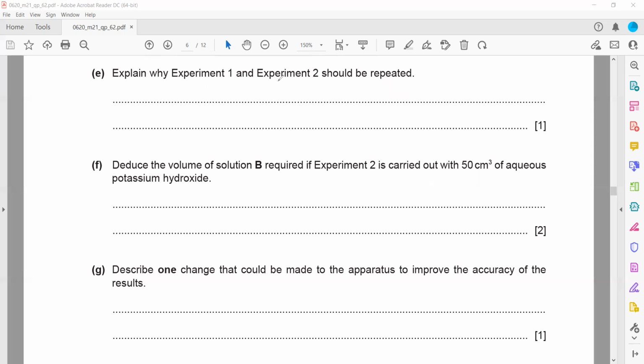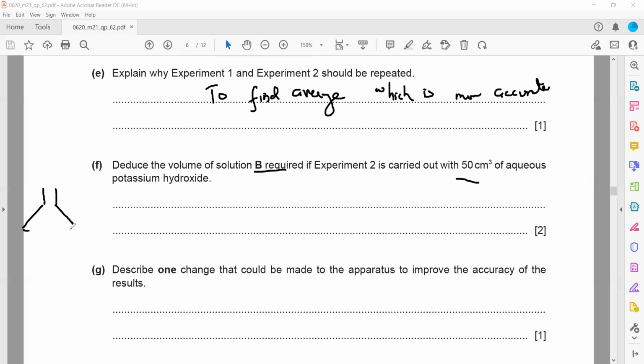Then deduce the volume of B if experiment 2 was carried out with 50 cm cube of potassium hydroxide. Look, for example, the first one: for solution B, which was in a burette, and potassium hydroxide, we use 25 cm cube of potassium hydroxide, KOH. So when 25 cm cube of potassium hydroxide was there, how much acid B was used?